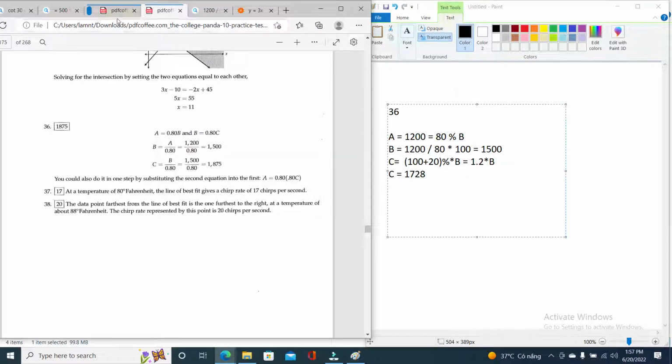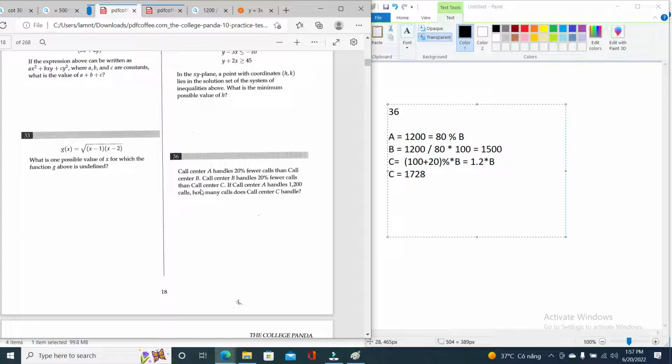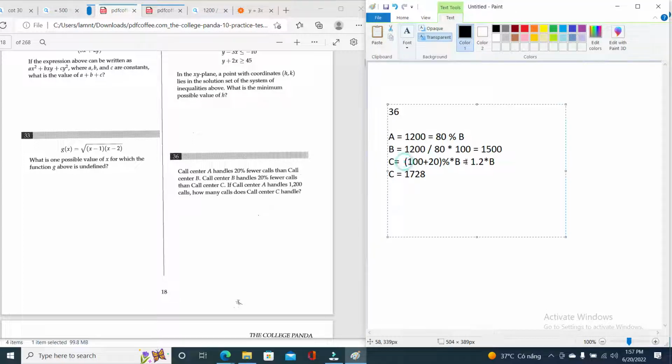Okay, so yes, and C, center B handles 20% fewer. So B is actually 80% of C. So C is going to equal 1500 divided by 80 times 100, and that's going to give us, what number?